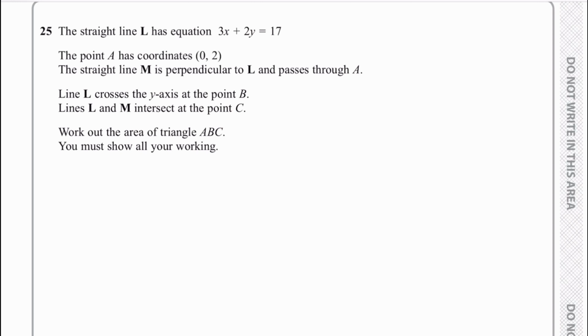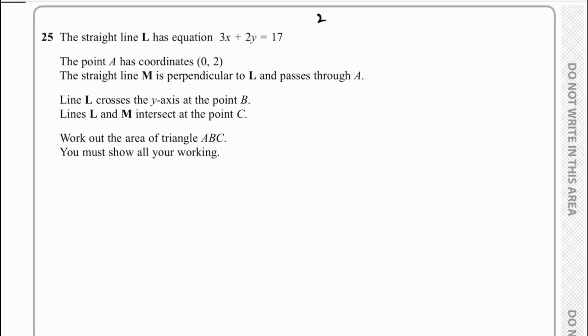So before I even read on, I'm just going to alter this to 2y equals -3x plus 17, and then if I divide through by 2, I get y equals -3 over 2 x plus 17 over 2. If you're not sure about that, that would be -1.5x plus 8.5, and it's perfectly fine if you prefer to use decimals.